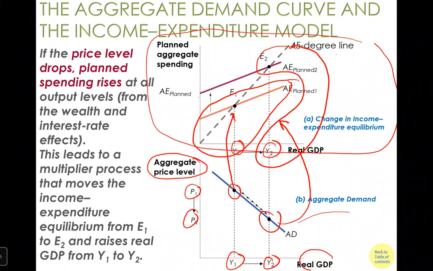But again, this is coming from the income expenditure model we discussed in the previous lecture. It looks identical to the demand curve we studied in micro, but underneath, the mechanism is quite different. Make sure you understand that, all right?